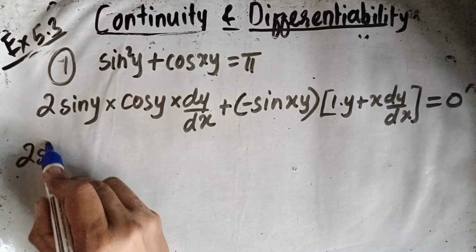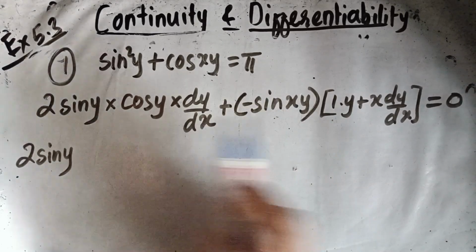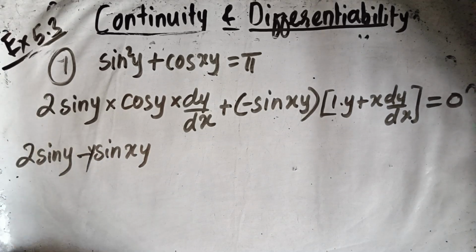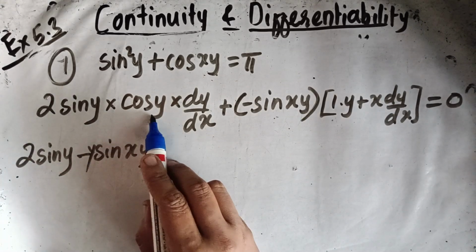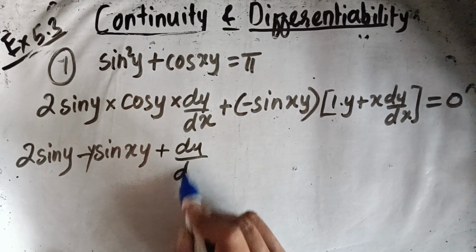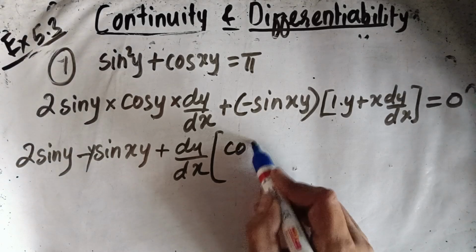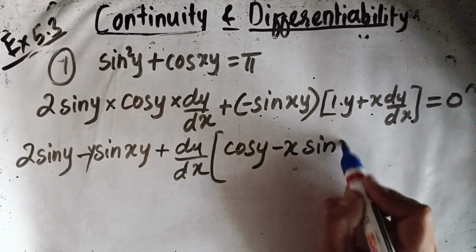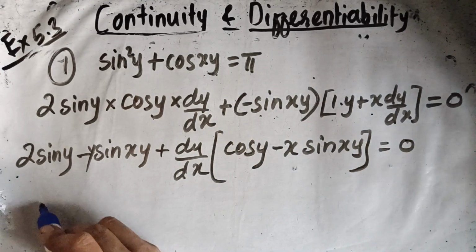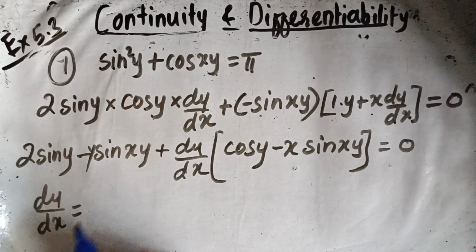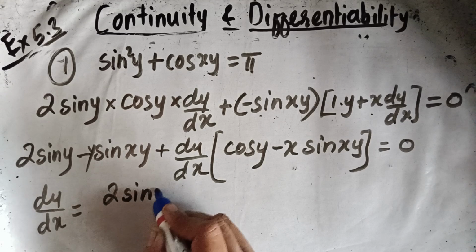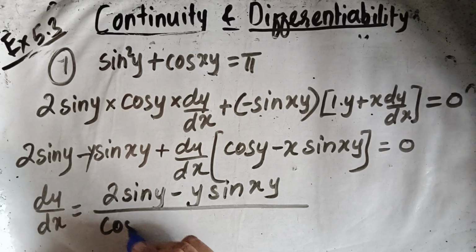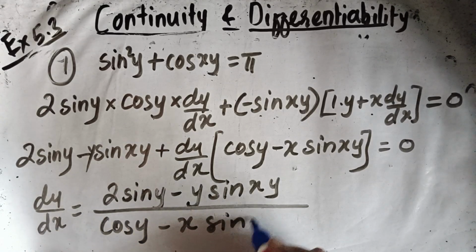So I'll write 2 sin y and this term minus sin xy y. Okay. Then this term I'll write dy by dx outside, cos y, then this into this, so it is minus x sin xy equal to 0. So dy by dx is 2 sin y minus y sin xy upon cos y minus x sin xy.